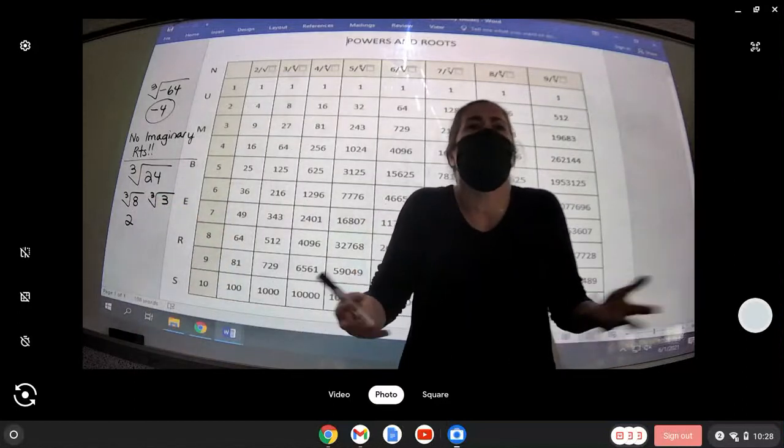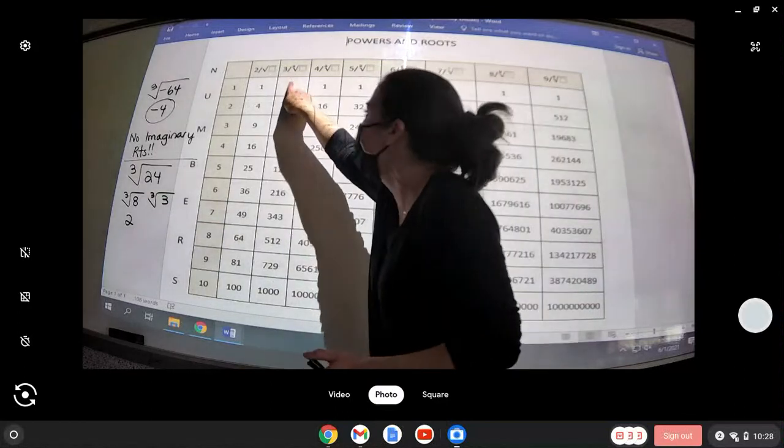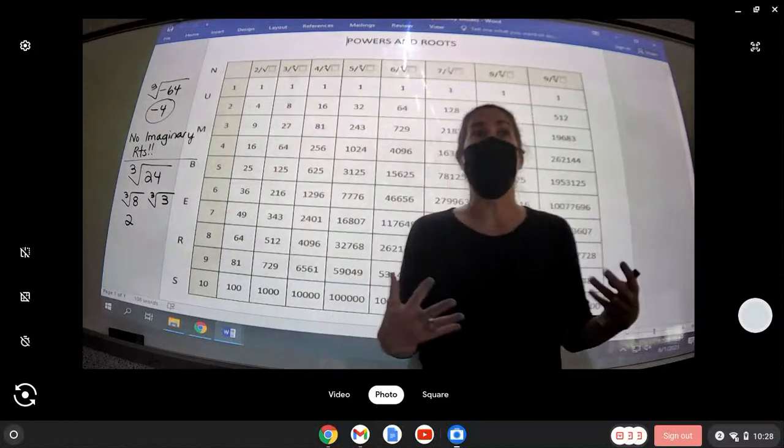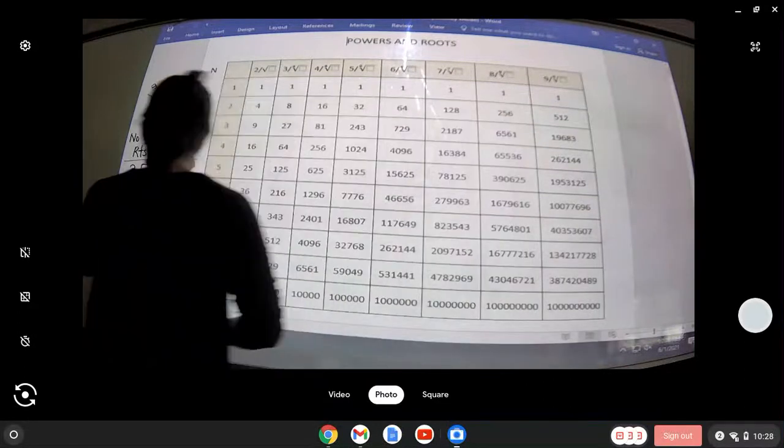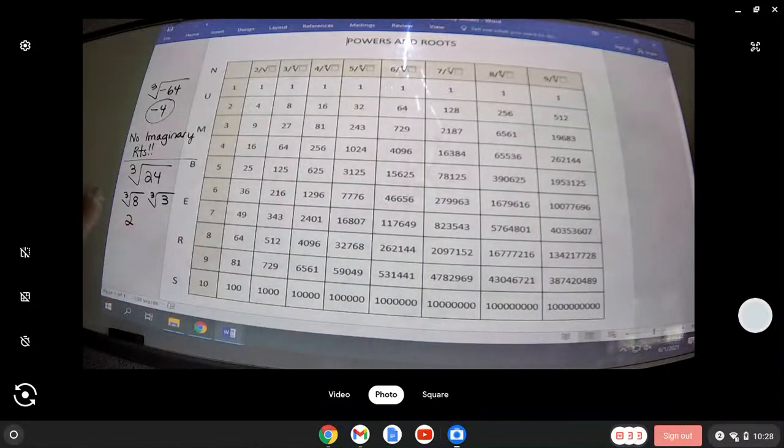You can't take the third root of 3. Is the number 3 anywhere in your third root column? No, because he's not a perfect third power. So he's the leftover, he stays, and it'll be the third root of 3. So the third root of 24 simplifies to 2 times the third root of 3. And that's your simplified answer.